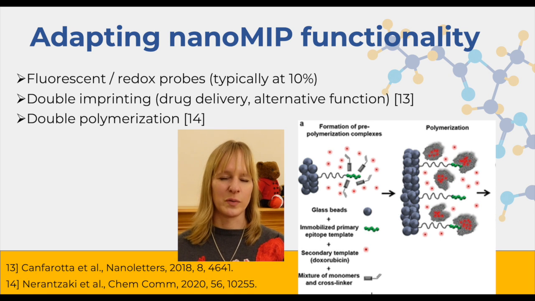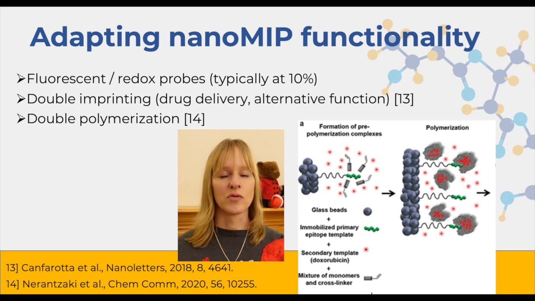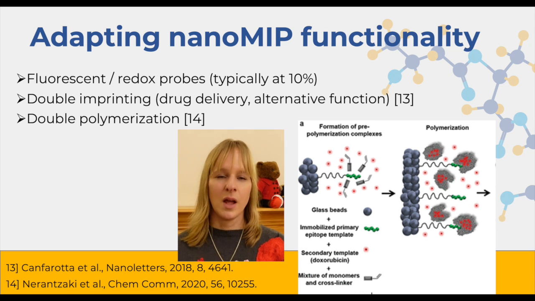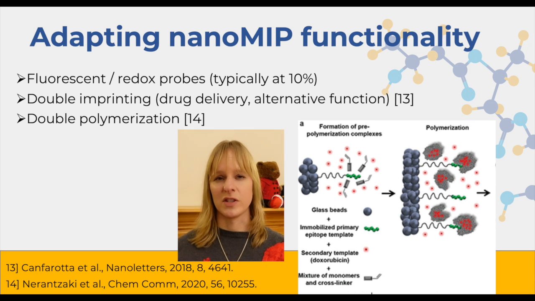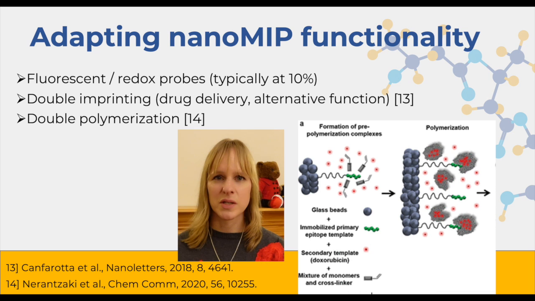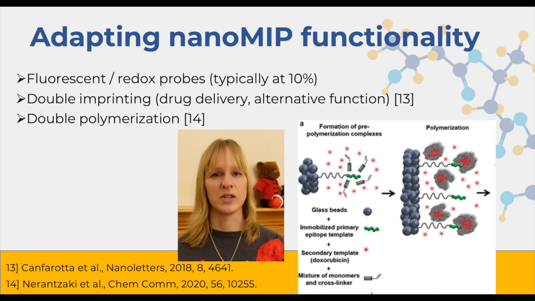There's also the thought of potentially altering the structure afterwards, which might give you more control over the structure. But then it opens up a whole other scope of materials that you can make. So for instance, people look at magnetic nanoparticles. And what's also been growing in popularity is the so-called double imprinting approach, where we're not limiting ourselves to one target.